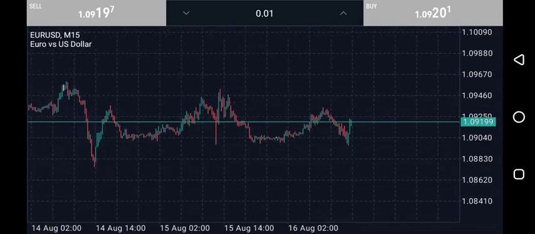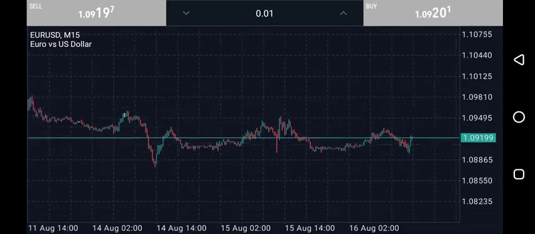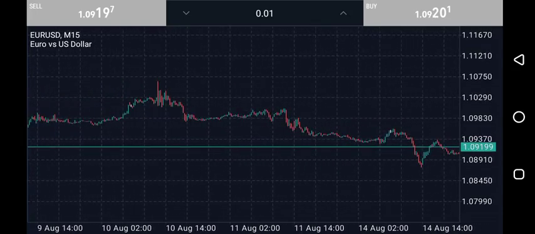If you want to get started, there are some basic things you should know about the forex market. The daily inflow of money in the forex market is about 8 trillion US dollars.